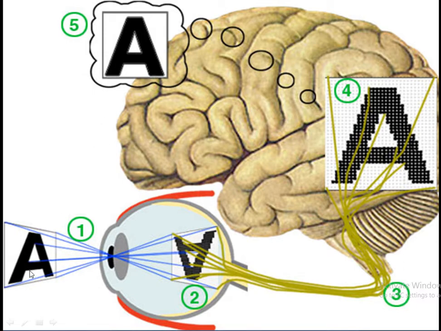It has to cross the lens, it falls on the retina, then through the optic nerve here, here, here, and finally reaching here. Many times it changes, so that you can see the size here and here, and finally this will be the picture.